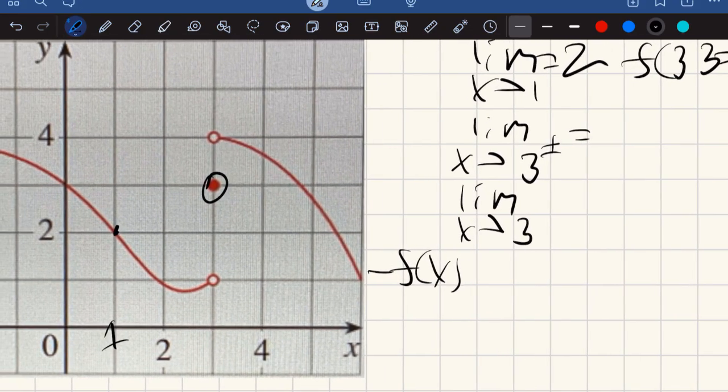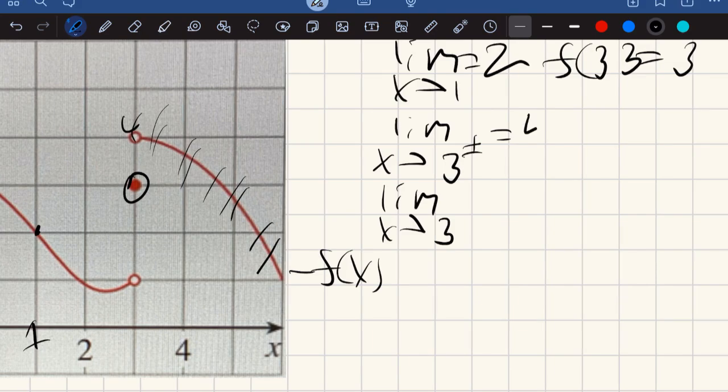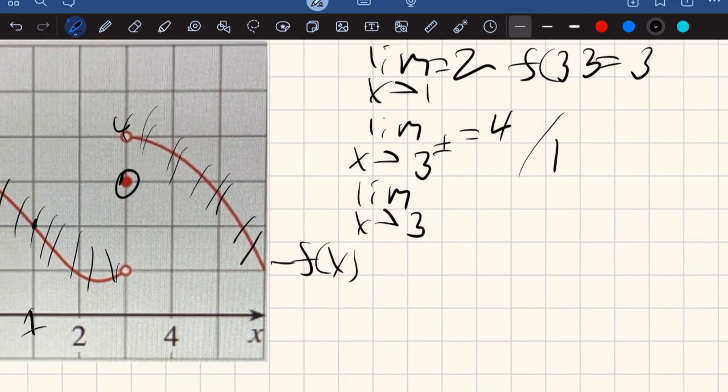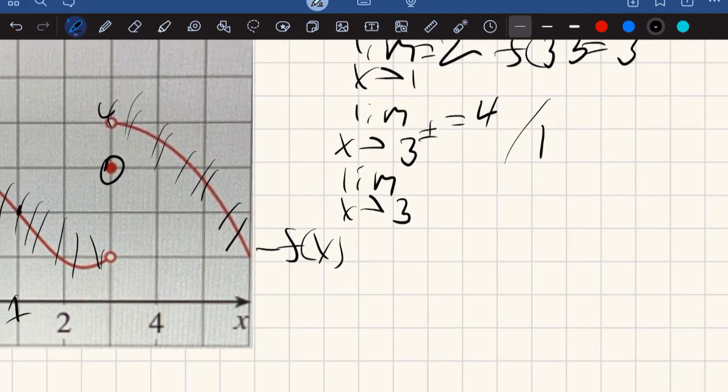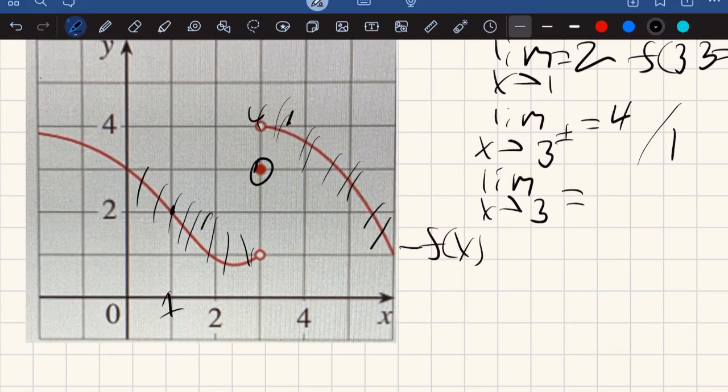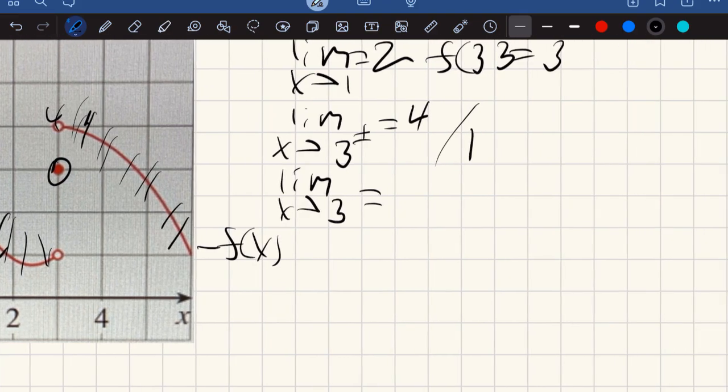As we go from the right side of 3, we get closer and closer to 4. So that's our positive limit. And then from the left side, as we get closer to 3, we get 1. And then the limit as x approaches 3, since the left and right limits are not equal, does not exist.